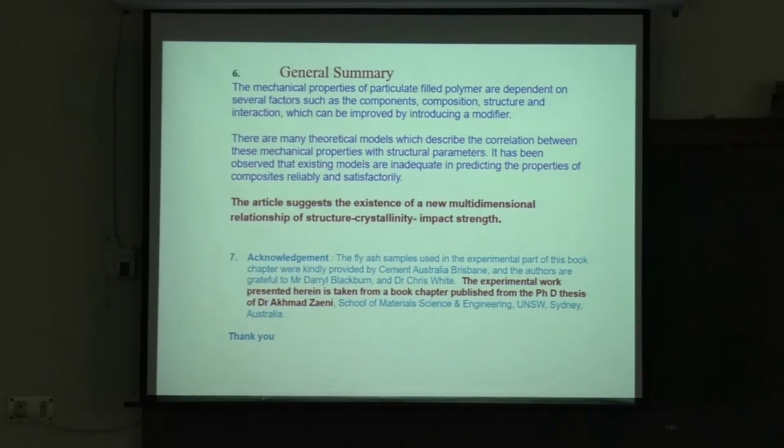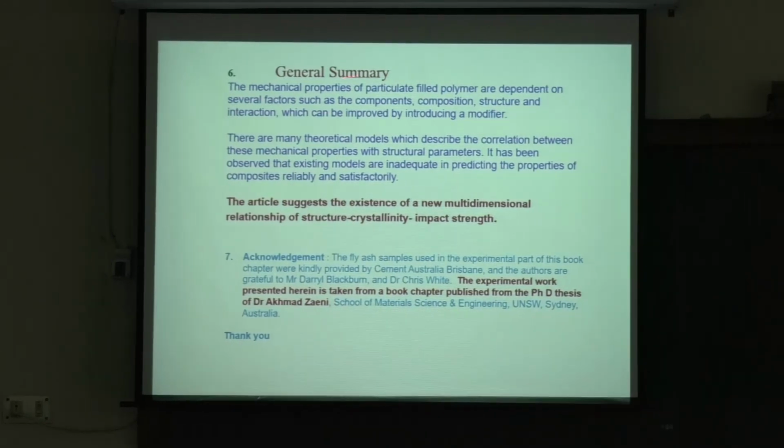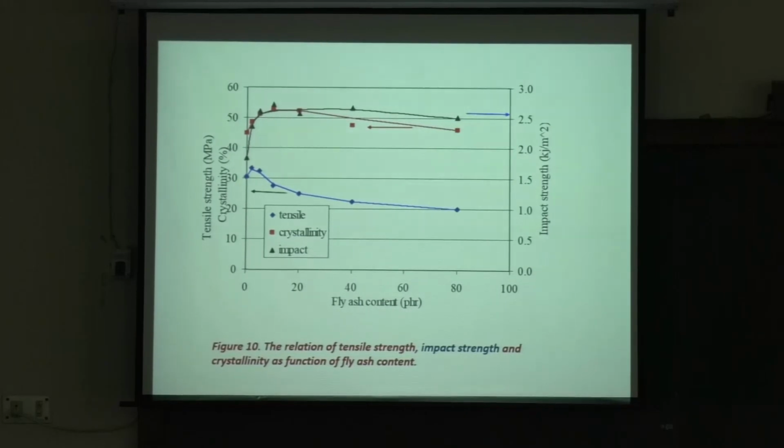And this article suggests the existence of a new multidimensional relationship between the structural crystallinity and impact strength. Because impact strength, if you can improve, and as I said, when the CIPET director went there and found that fly ash can actually improve the impact strength significantly, and here the impact strength is increased, it never comes down, whether you are putting 20, 30, 40 or like that, it is always much higher than the normal impact strength.